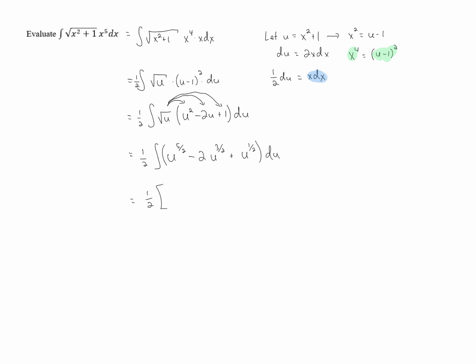The integral of u to the 5/2, if we add 1 to the exponent, is u to the 7/2. That's going to be divided by 7/2, which is the same as times 2/7. And then minus 2 times the integral of u to the 3/2 is u to the 5/2, divided by 5/2, which is the same as times 2/5.